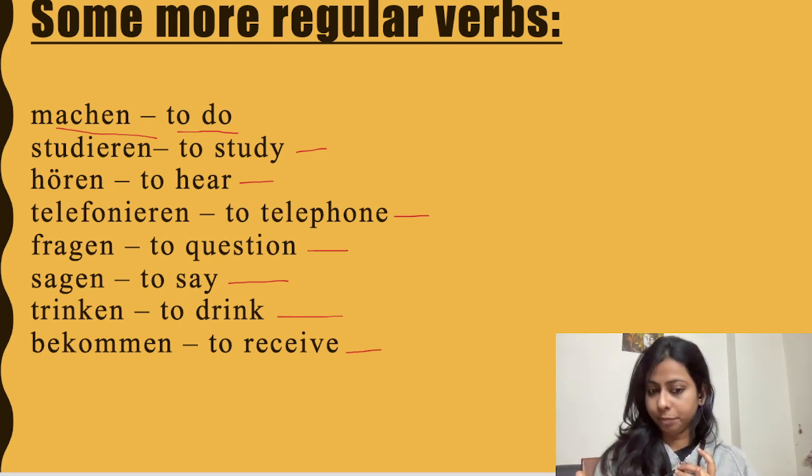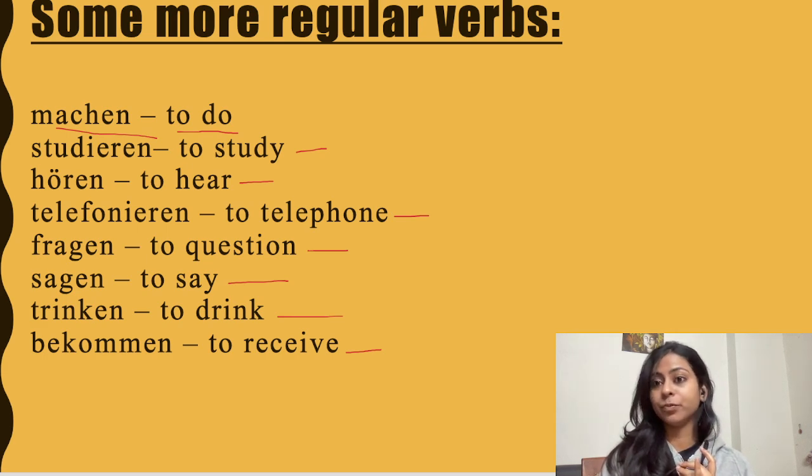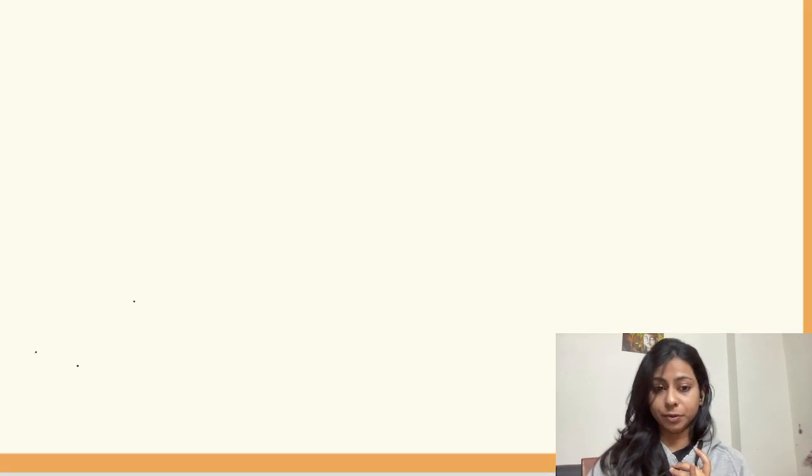We all have been beginners at some point. So don't get scared. Looking at these lists, you will get used to it with time and you will be able to conjugate each and every kind of verb.